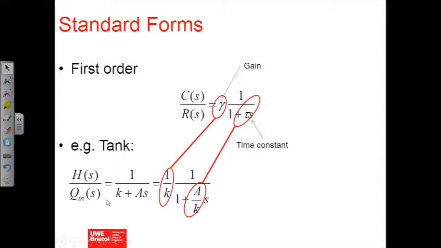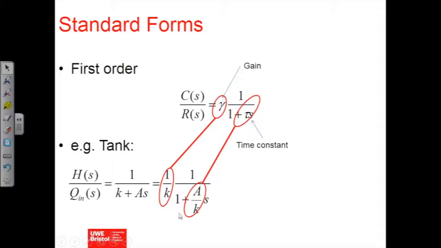So in other words, if I make K bigger, the size of the output is smaller. Which kind of makes sense. If I make K bigger, then this A upon K number becomes smaller. And what that means is that the speed of response of that system is faster.